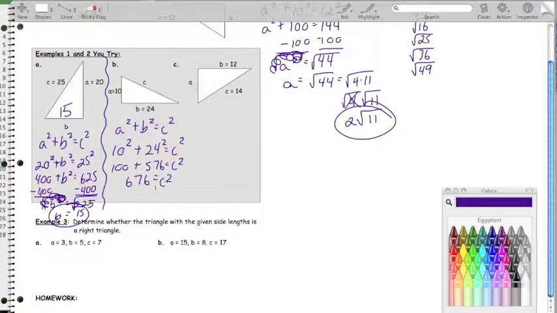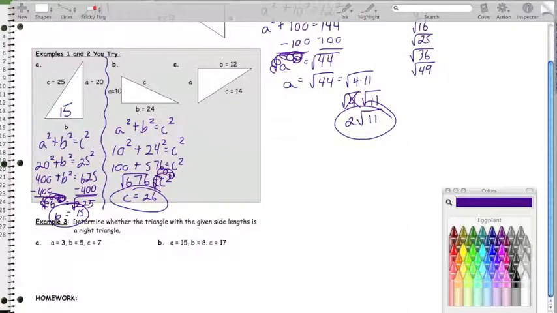Now I'm going to take the square root of both sides to find out what c is. Those are going to cancel out. I get c equal to the square root of 676, which is 26. So that's another perfect square. Again, it doesn't say whether to round it or not, but we're going to find it in simplest form. If it doesn't say round it, use simplest form like we did here.